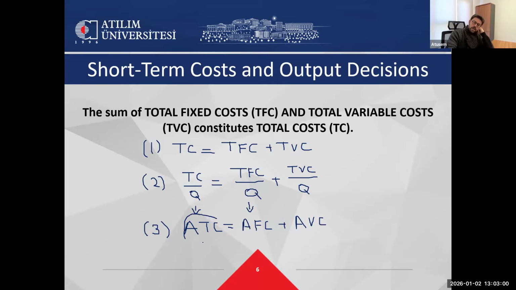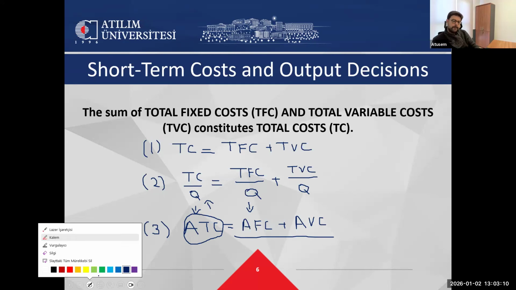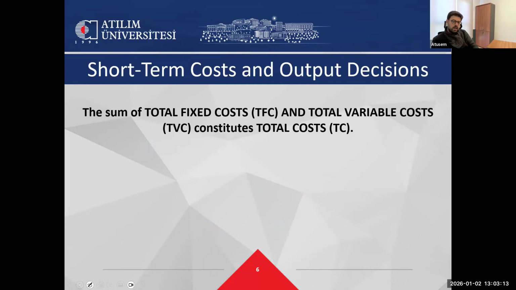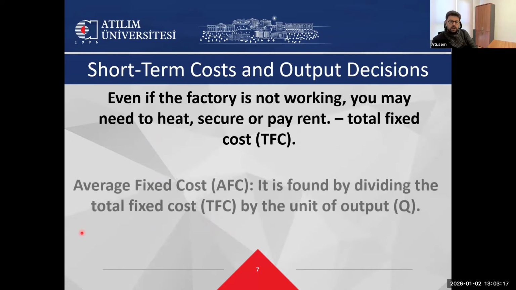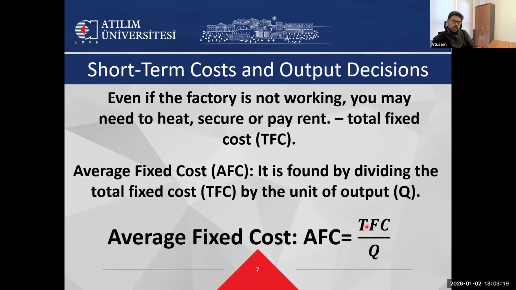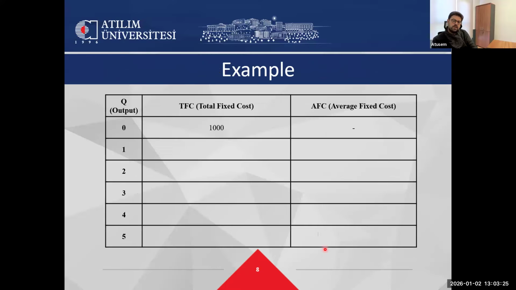So for finding average total cost, we can use that one or that one. It's up to you. Okay, let's move. I said when we divide total fixed cost by the quantity, we find the average fixed cost.